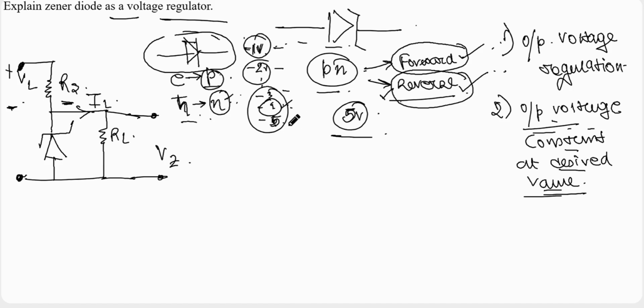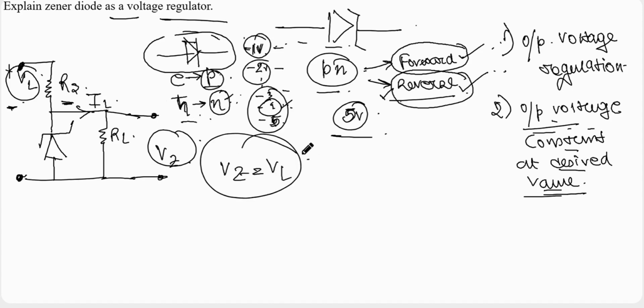Okay. Since the input voltage and the required output voltage are known, it is easier to choose a zener diode with a voltage approximately equal to Vz equals VL. So the value of the series resistor Rs equals (VL minus Vz) divided by IL.